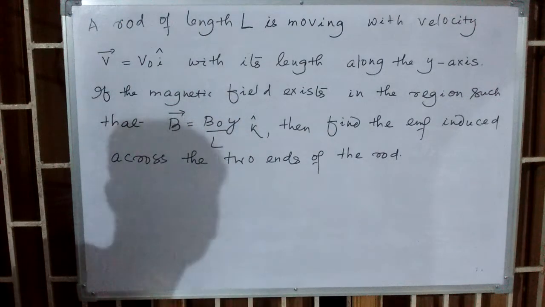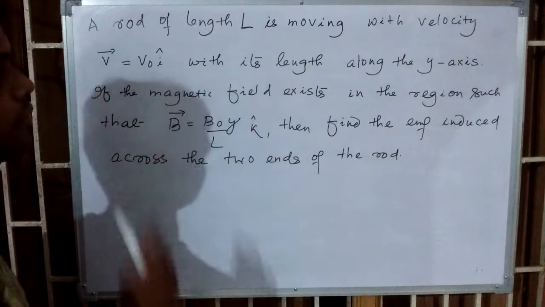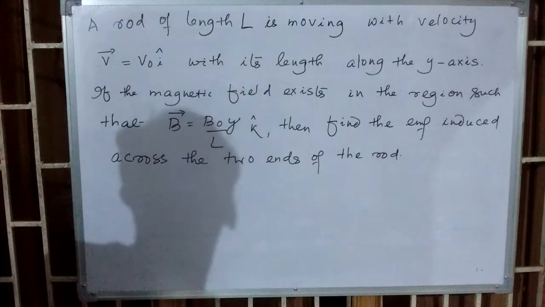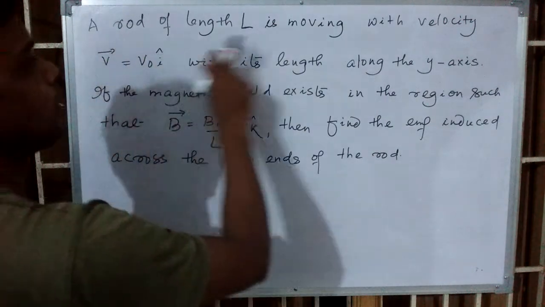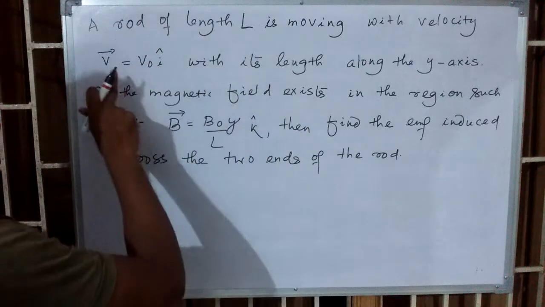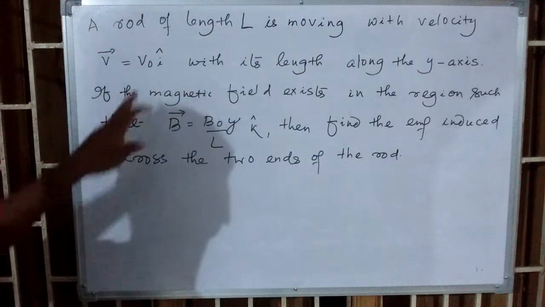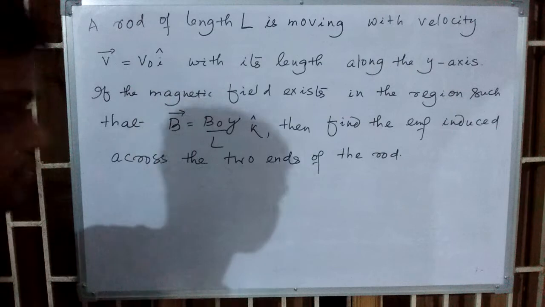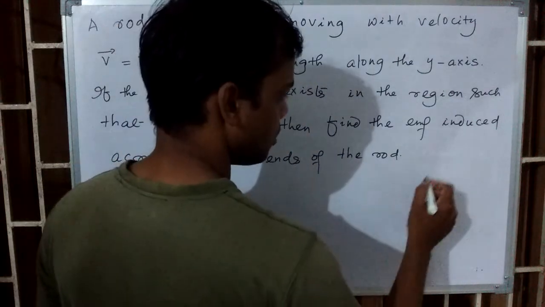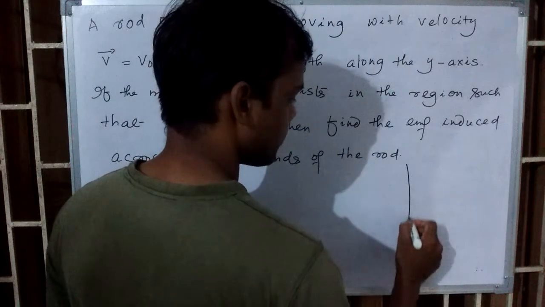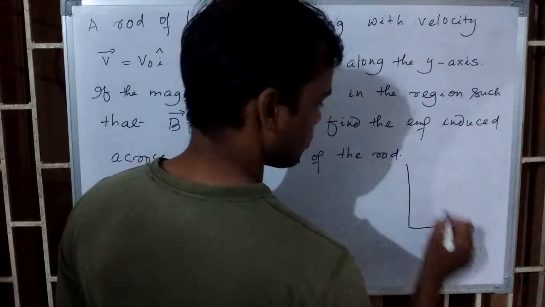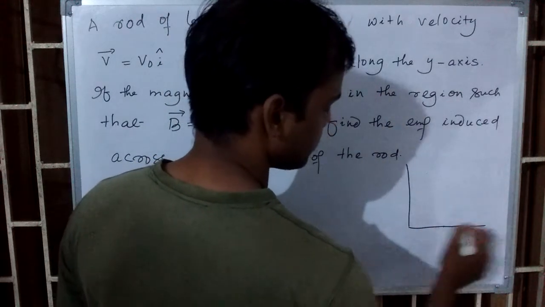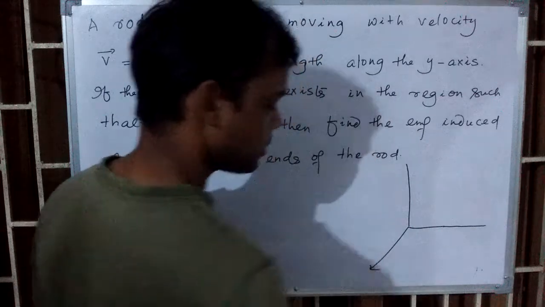So let us first try to figure out what the question is saying. A rod of length L is moving with velocity v equal to v naught i cap. That means the direction is along the x-axis. So this is our x-axis, this is the y-axis, and this is the z-axis.